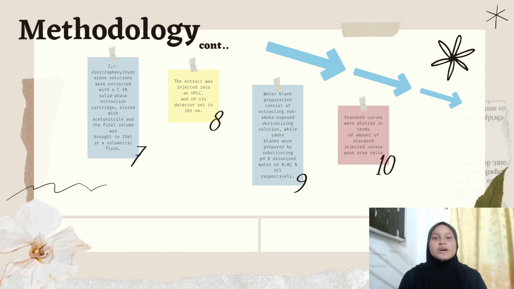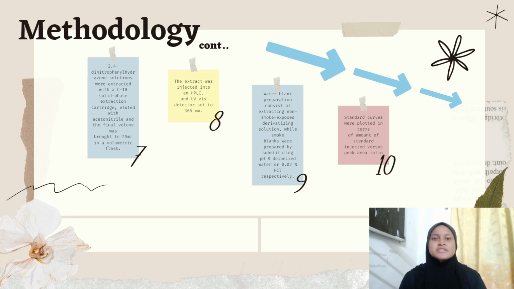2,4-dinitrophenylhydrazine solution was extracted with the C18 solid phase extraction cartridge, eluted with acetonitrile, and the final volume was brought to 25 ml in a volumetric flask. The extract was injected into HPLC with a UV detector set to 365 nanometers.